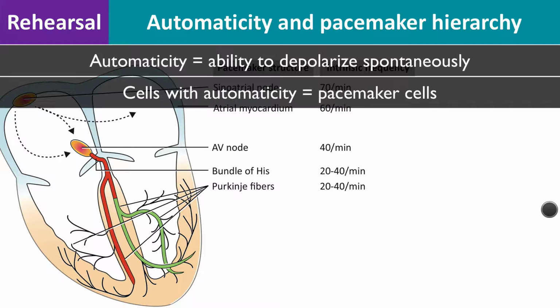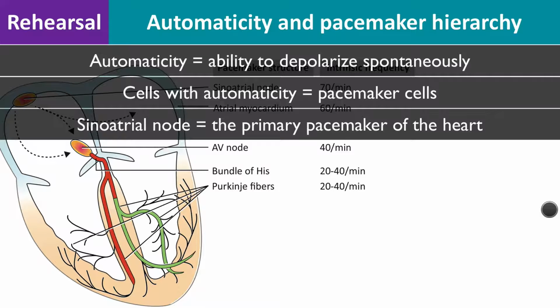And these cells function as pacemakers because they can depolarize repeatedly and spontaneously, so they can discharge action potentials which spread through the heart and activate the heart. You're probably familiar with the sinoatrial node, which is the primary pacemaker structure of the heart.